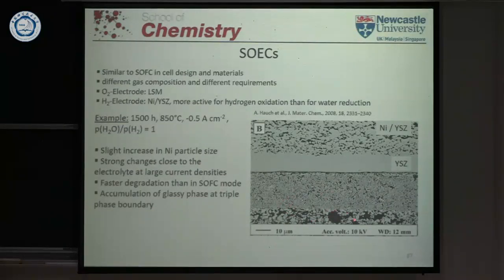But the positive electrode is the anode for the fuel cell, and here that's the cathode for the electrolysis. And this shows you some of the examples. Here you see the materials, lanthanum strontium manganate as the oxygen electrode and nickel for the hydrogen electrode.